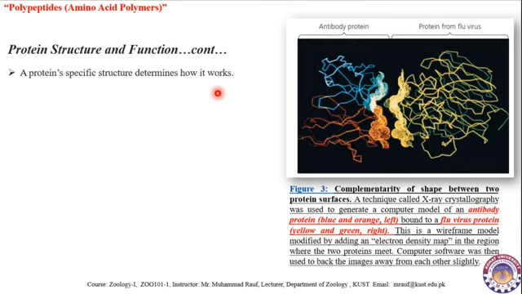So here you have an example of how much the structure of a protein is important to the function it performs.